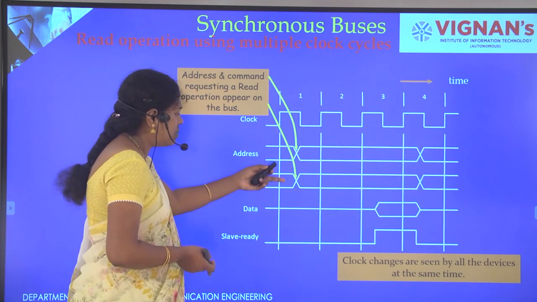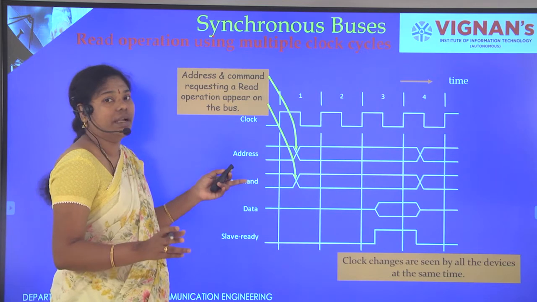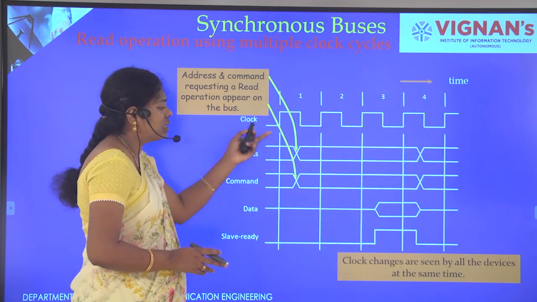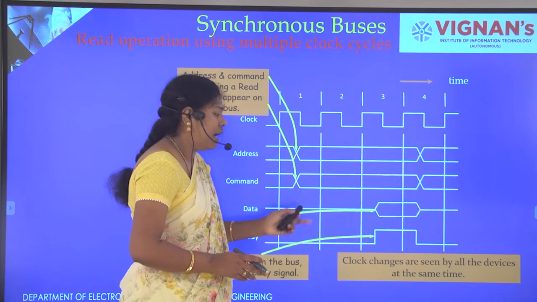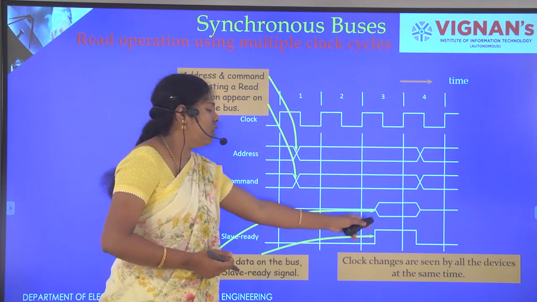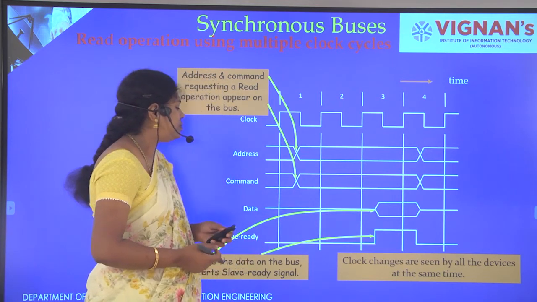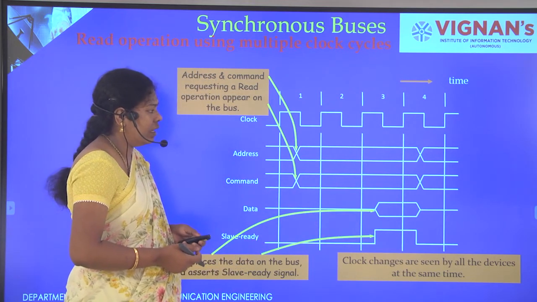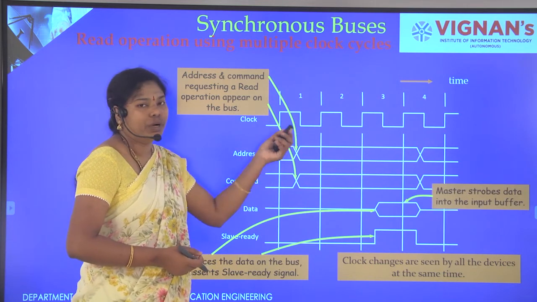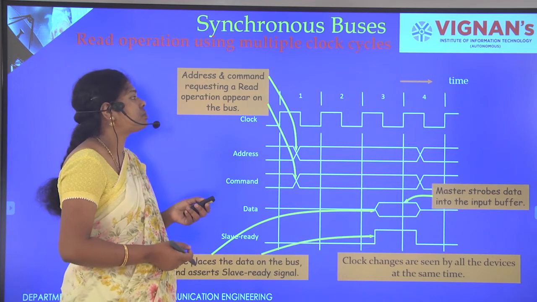Whenever the master places them, the corresponding slave is identified, and if the slave is ready, it places the data on the data bus. At the same time, it indicates I am ready by asserting a logic 1 signal, that is, slave ready. Now the master stores the data into the input buffer of the processor.